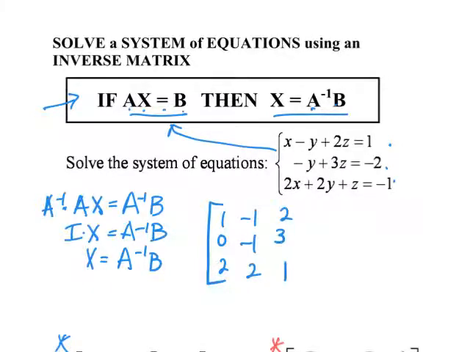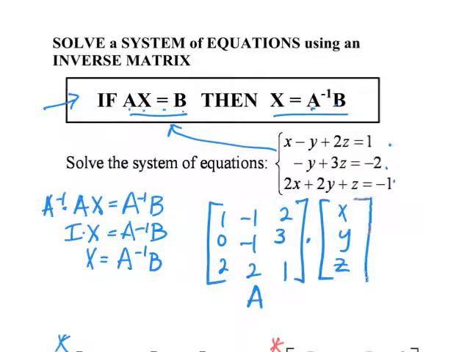Make sure they're all on the left side of the equations. That's your A matrix. Your X matrix is the variables x, y, and z. And your B matrix is your solutions 1, -2, and -1. So we want to solve for the X matrix.